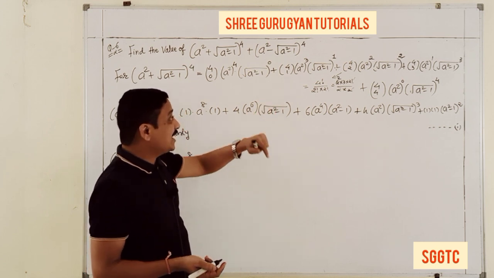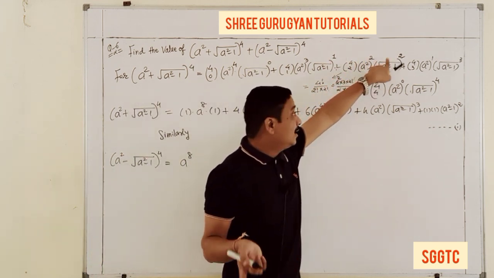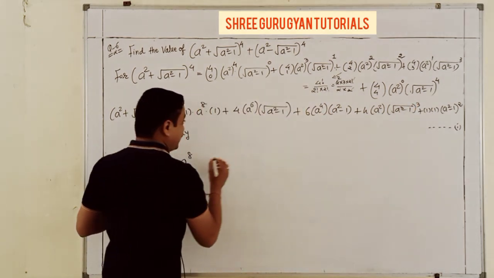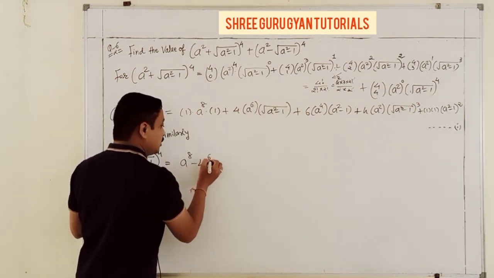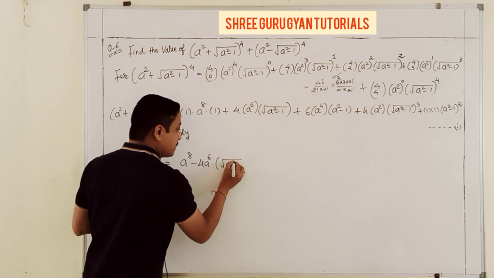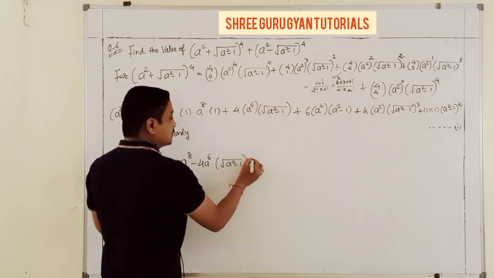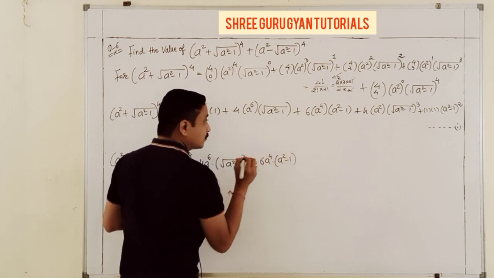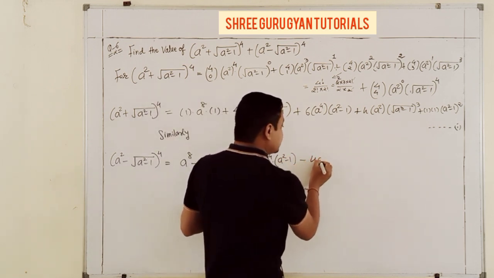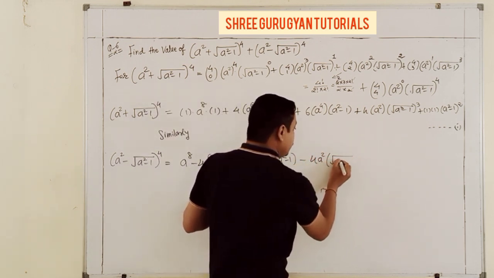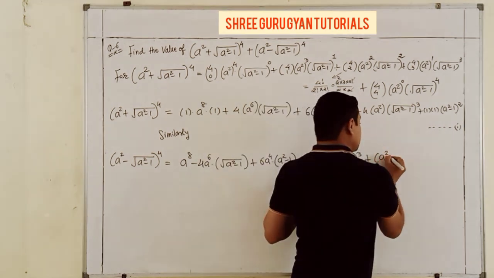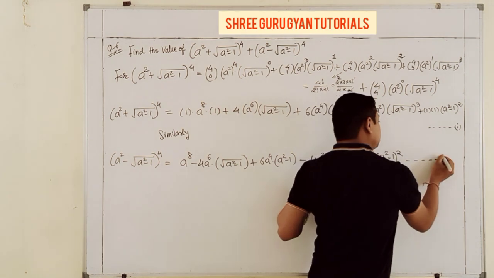Yes, you can write down here plus. Again here minus. And that's the plus. So I getting to minus 4a raised to 6 under root c plus 6c raised to 4 a square minus 1 minus 4a square under root a cube minus 1 and last plus a square minus 1.